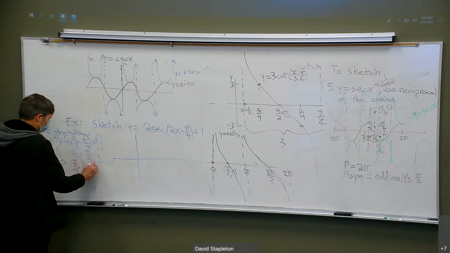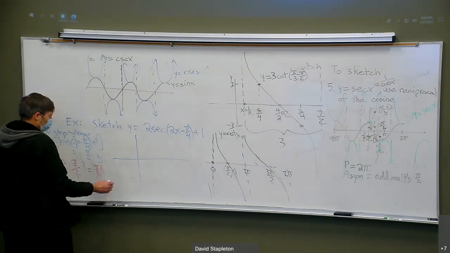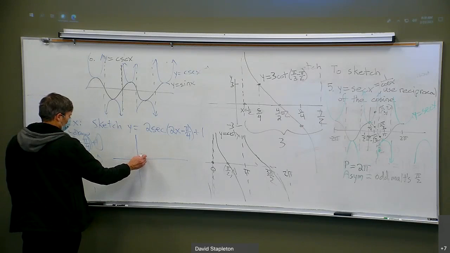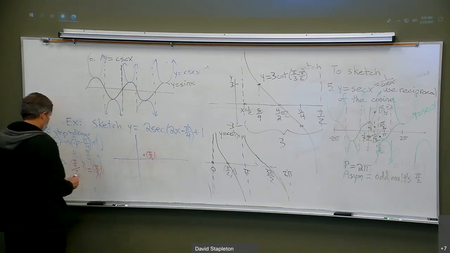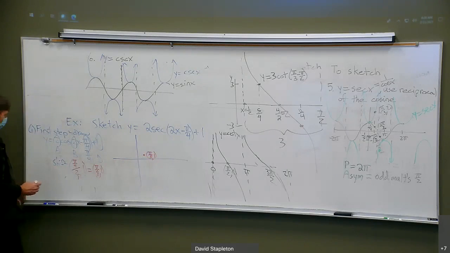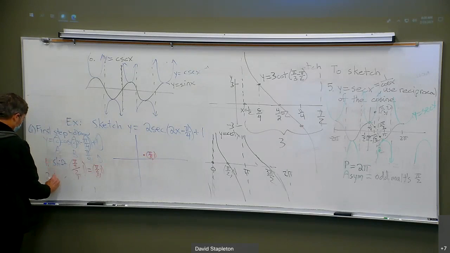It's pi over 8, 1. And so I'm going to move what would have been the origin over to pi over 8, 1. So that's 1. Then the amplitude, because we're doing cosine here, is absolute value of 2, which is 2.